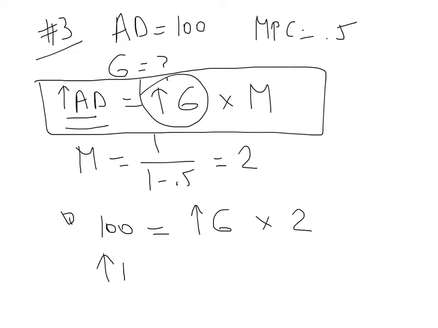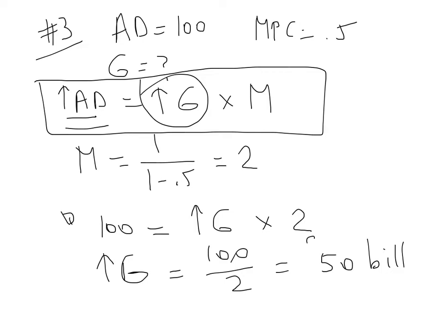So increase in government spending is going to be 100 divided by 2 is $50 billion. So it's the same kind of problem we did earlier, but in this case we switch this original formula over here to calculate for increase in government spending.